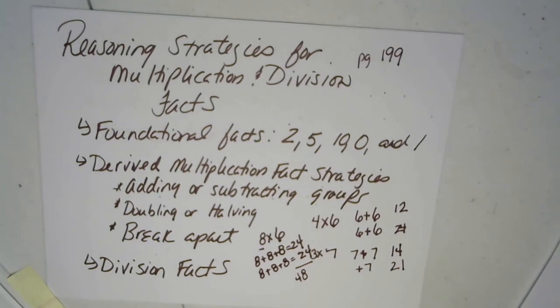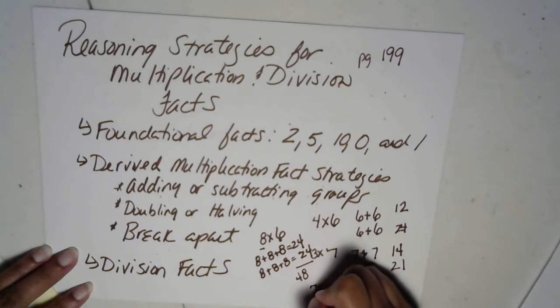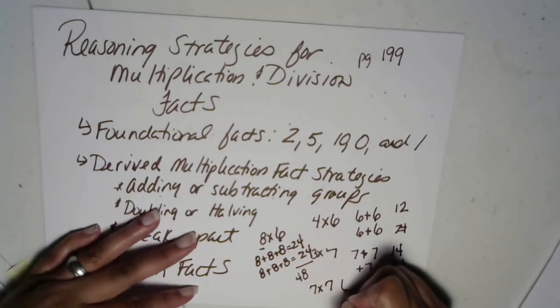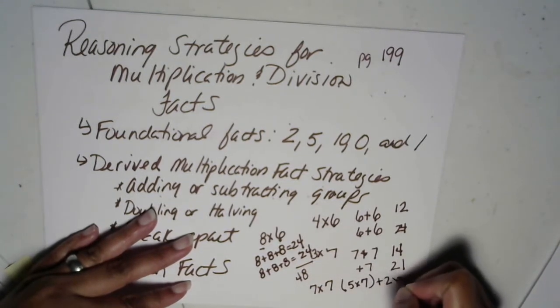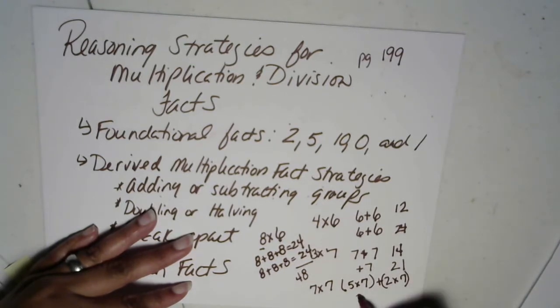Doubling, and then we have breaking apart. Breaking apart would be 7 times 7, where we are going to do 5 times 7 plus 2 times 7, which is going to give me 35 plus 14, which is going to give me 49.